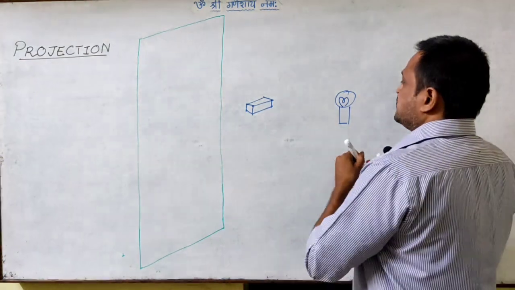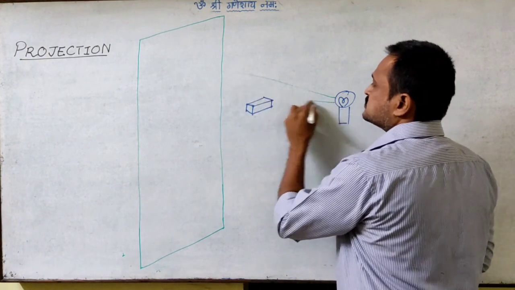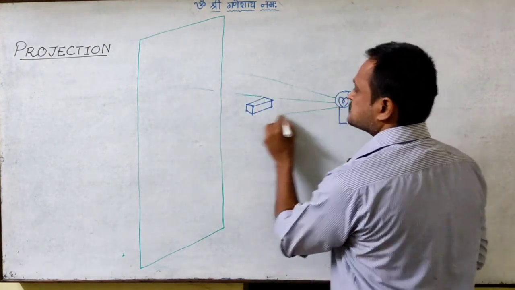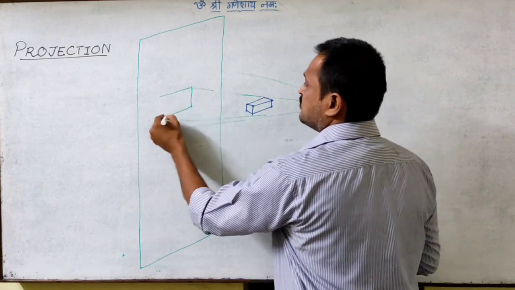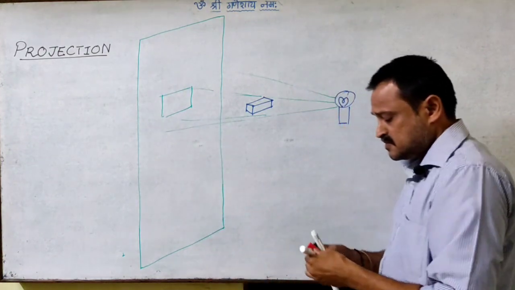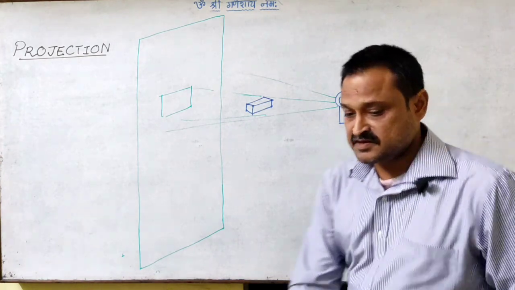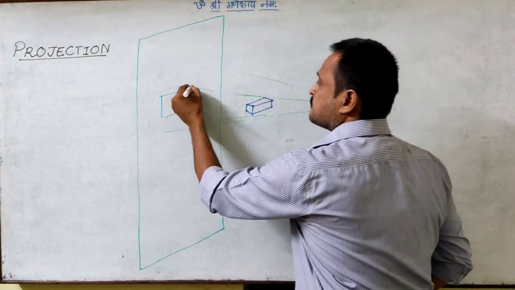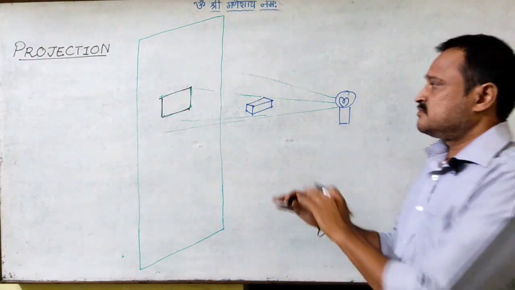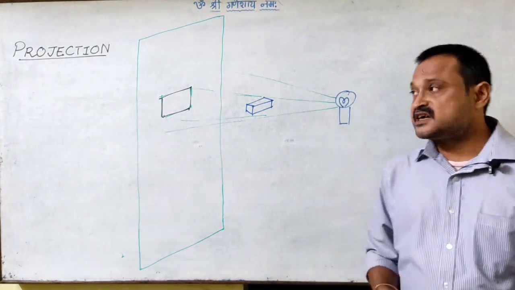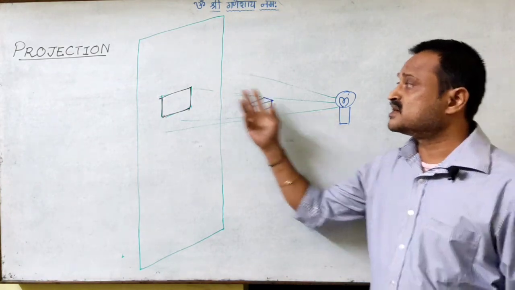The light rays coming from the light source will strike the body, and I will be able to get the image of this object on this screen. Right now we are not bothered about the size. First we are trying to get the image.